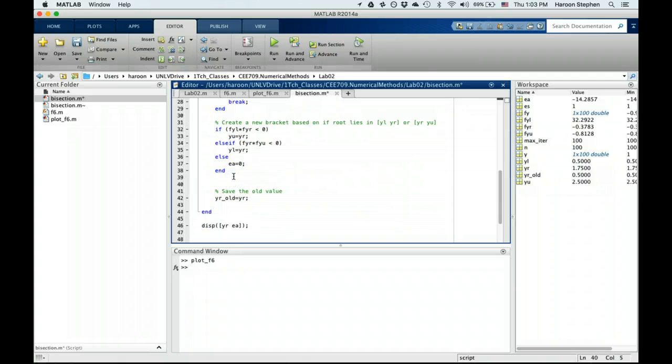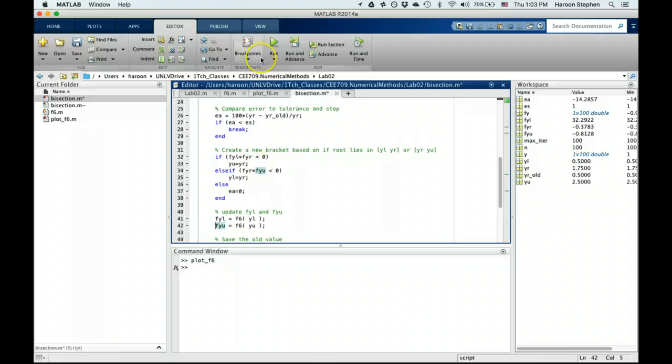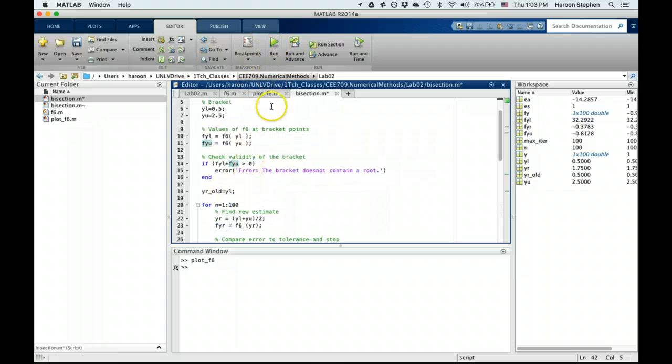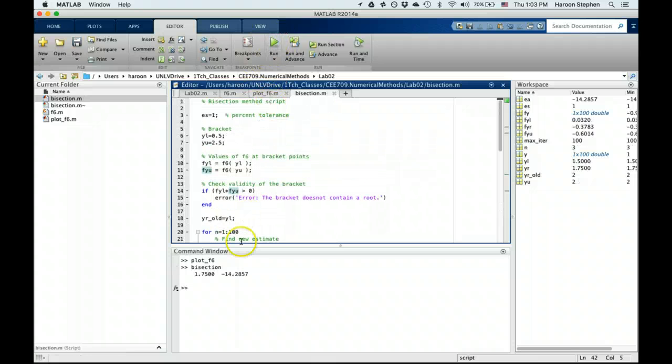So right here, let's write update fYL and fYU, and we can just copy paste the above code here, because that's repeated, and now we can run this code. So go ahead and press run and see what happens.